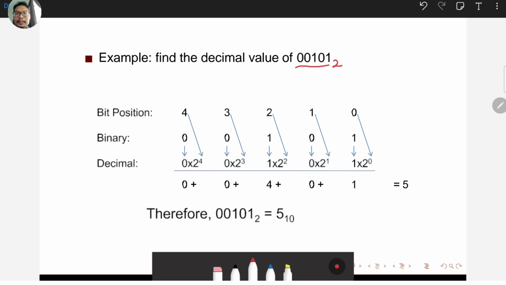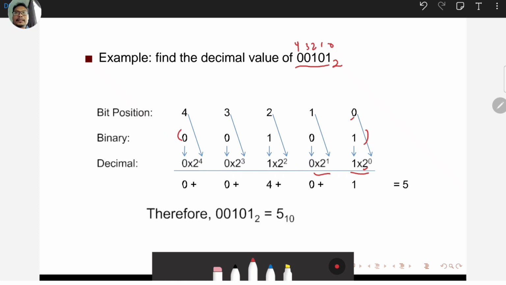So from here, the method is basically, this is your binary number, 00101, and what we do is we multiply by the base to the power of the bit position. Here the base is 2, so 2 to the power of the bit position, so 1 times 2 to the power of 0, plus 0 times 2 to the power of 1, and so on, for the bit positions 0, 1, 2, 3, and 4.